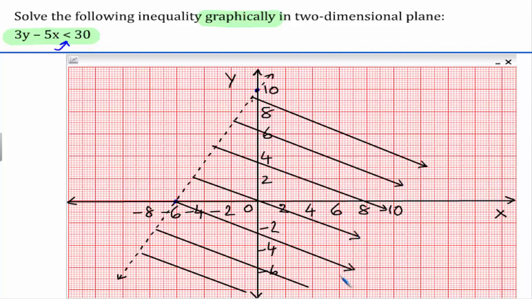And here all these points which are towards this satisfies the given inequality. The inequality is 3y minus 5x less than 30.